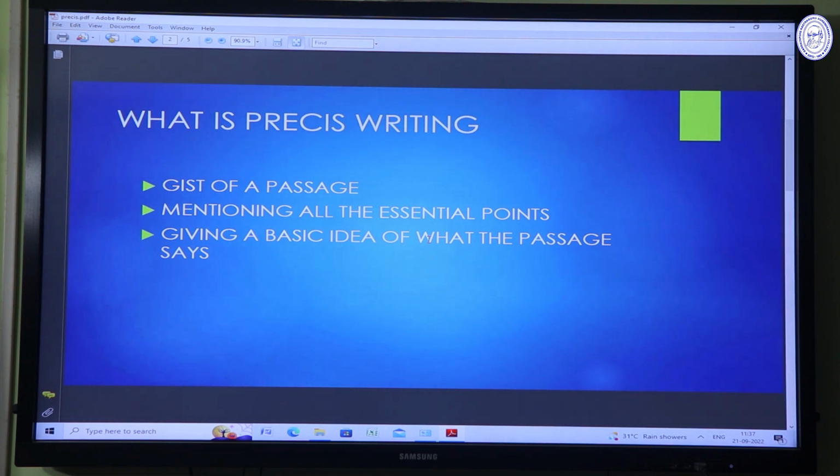Actually, your task while you are writing a Precis is to give a basic idea of what the passage says. Just imagine someone is not going to read the entire passage; the person will look into your Precis and will immediately understand what it is all about.